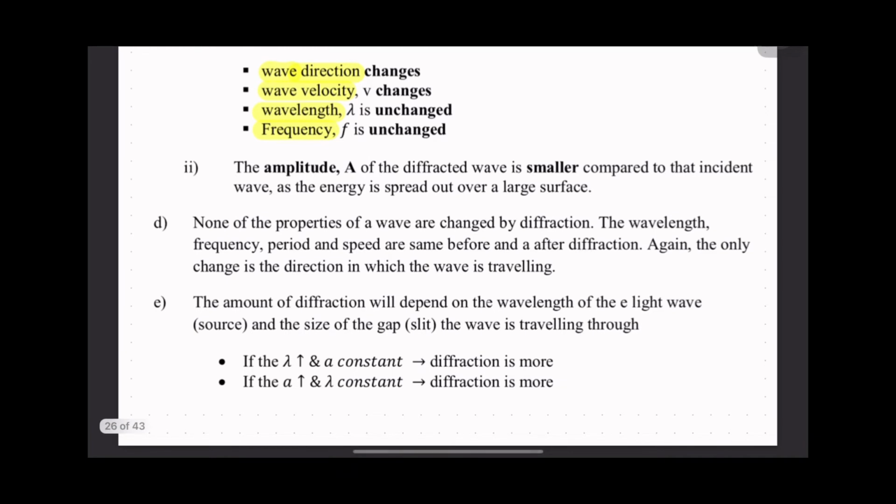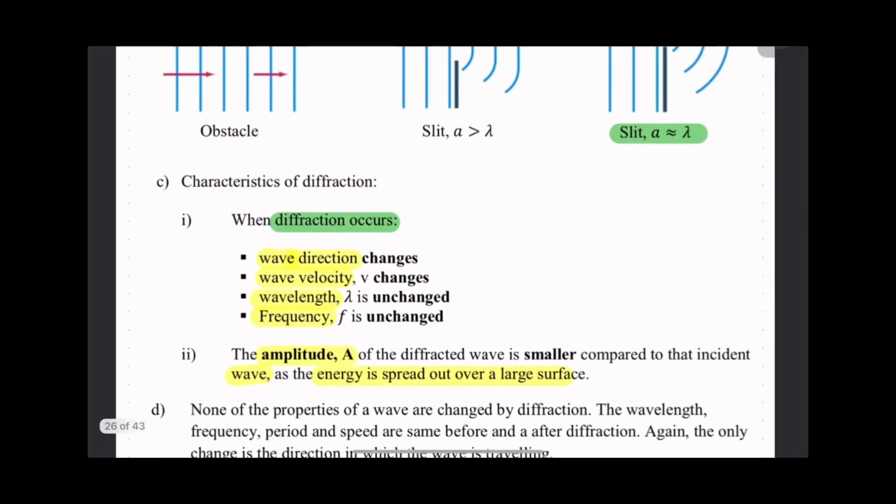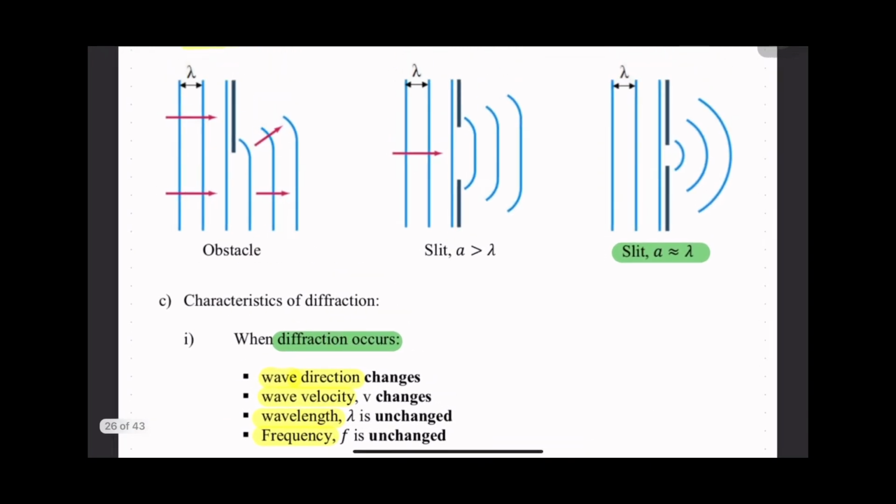Okay, next for amplitude. Amplitude of the diffracted wave is smaller compared to the incident wave as the energy spread out over the large surface. Okay, maksudnya kita boleh cakap selepas diffraction tu berlaku, nilai amplitude you akan semakin kecil sebab energy is spread out in the large area.